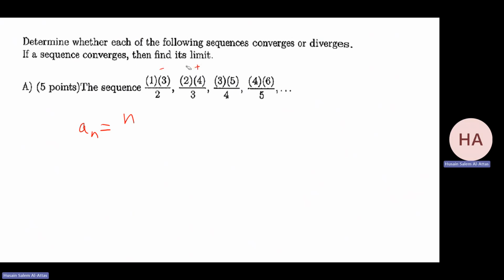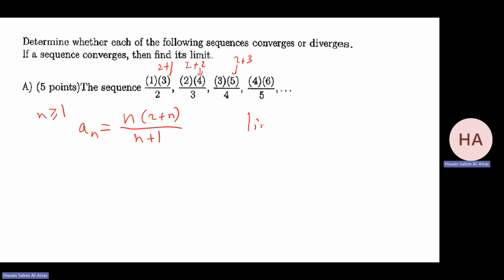Not, no, this is 2 plus 1, because I need it with n greater than or equal to 1. This is 2 plus 2. I'm talking about 4, about 3. This one will be 2 plus 3. So I have 2 plus n. And the denominator will be n plus 1. Yeah, at n equal 1, it's 2. At n equal 2 it's 3, and so on.